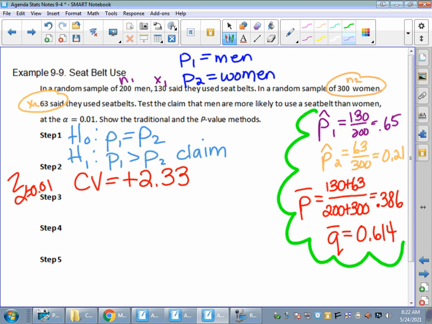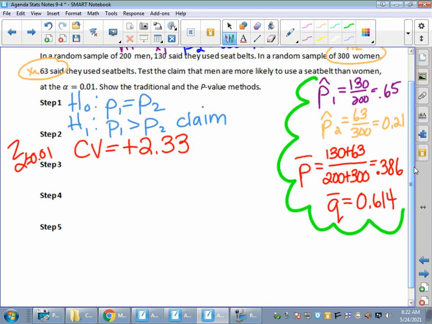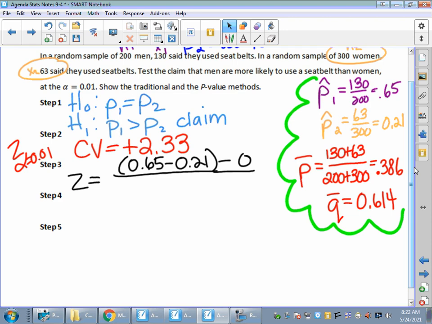Step 3, this one probably needs more space than what I left. So z is equal to, in the numerator I do p hat 1 minus p hat 2. So p hat 1 we calculated at 0.65 minus p hat 2 is 0.21, minus that 0, because remember, if they're equal, they subtract and become a 0.